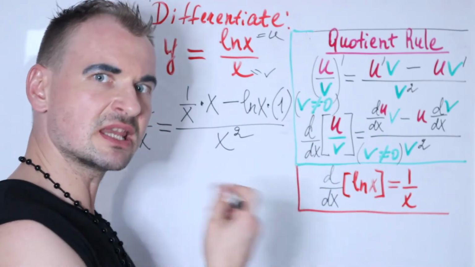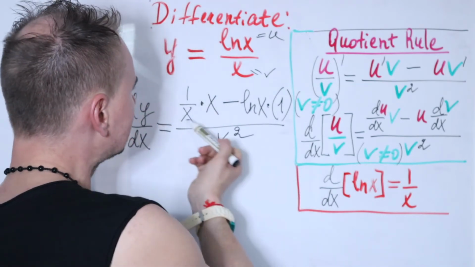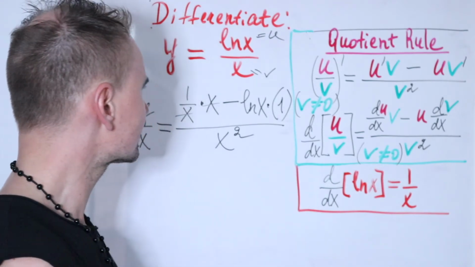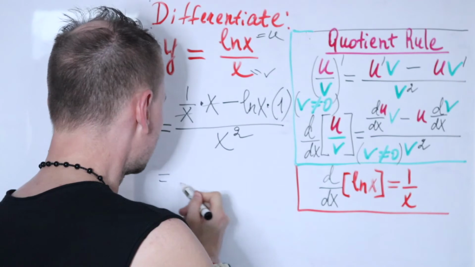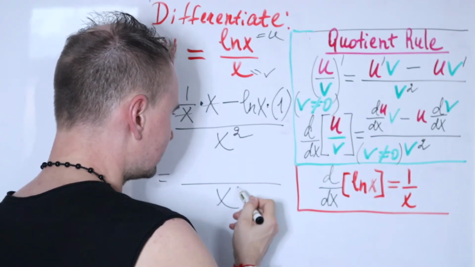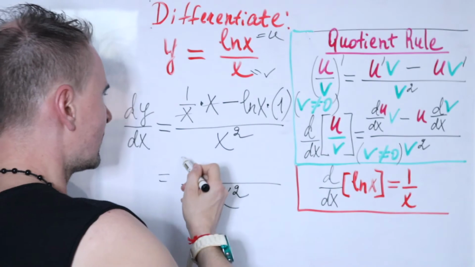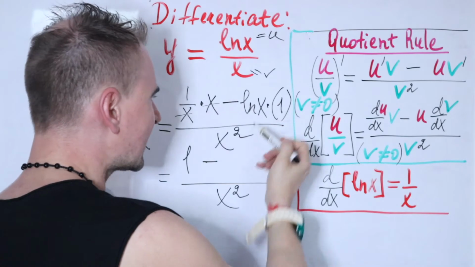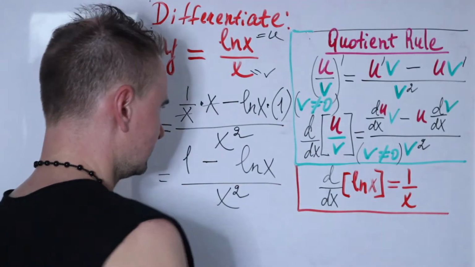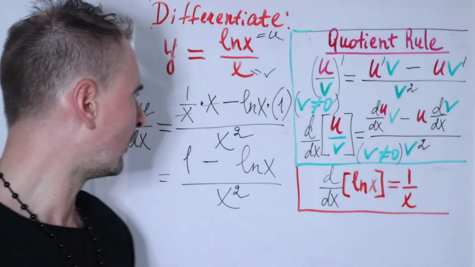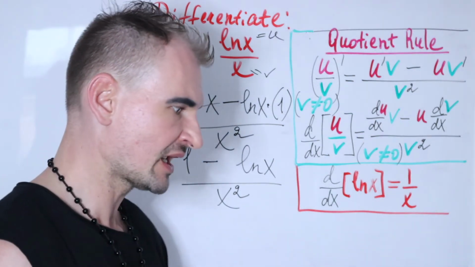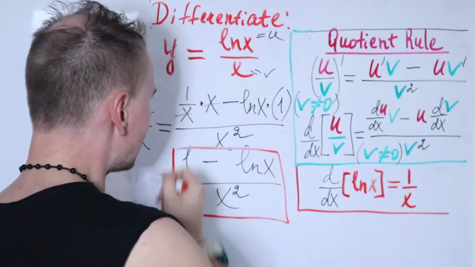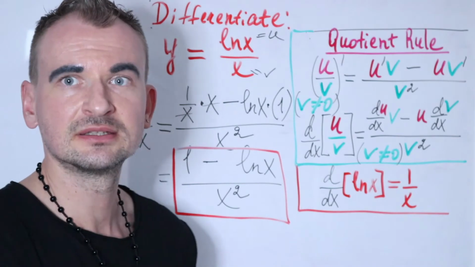Now just let's clean it up a little bit. So x and this x goes away, so it becomes just 1 instead of the first term. So I would rewrite my bottom as this, so it becomes just 1 minus, from the second term we would get just natural log of x, and this is your final derivative, your final answer for that problem.